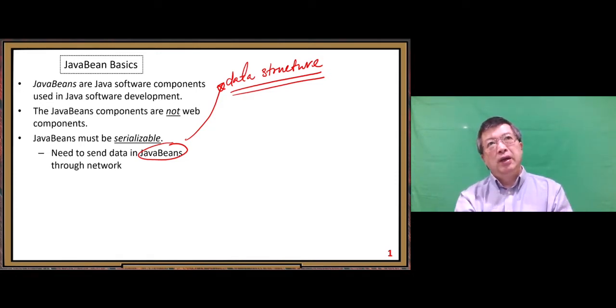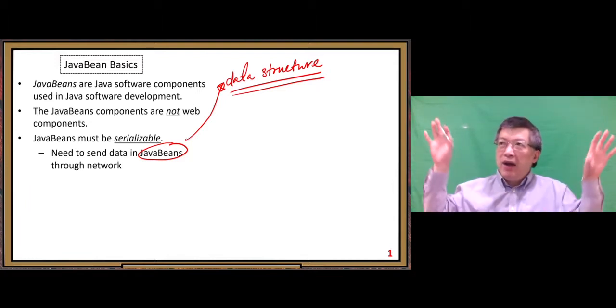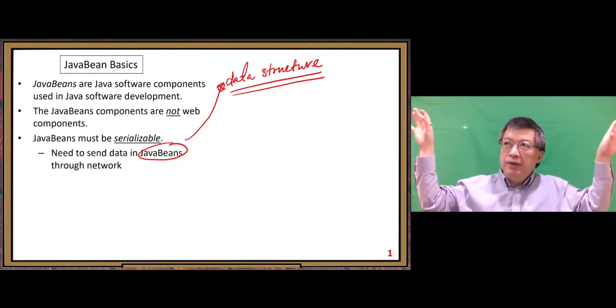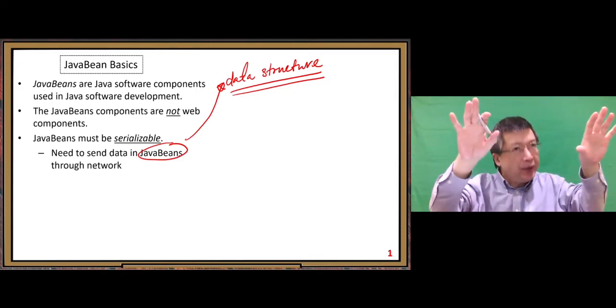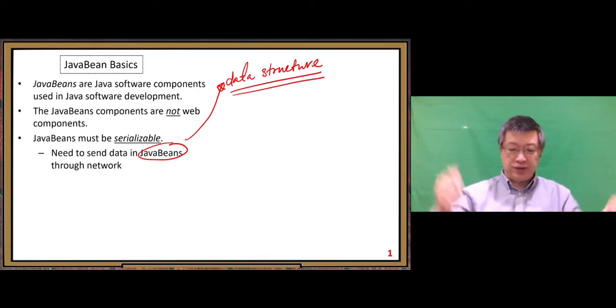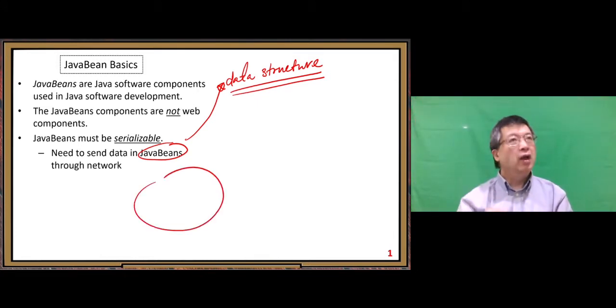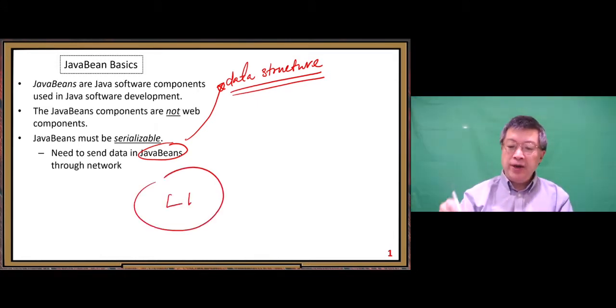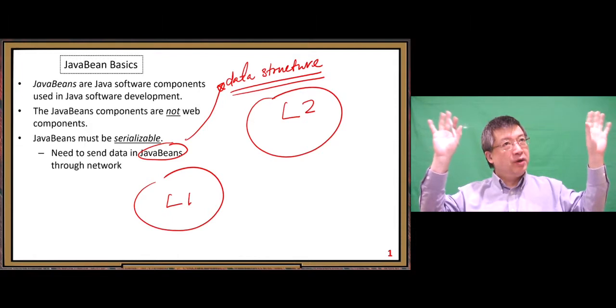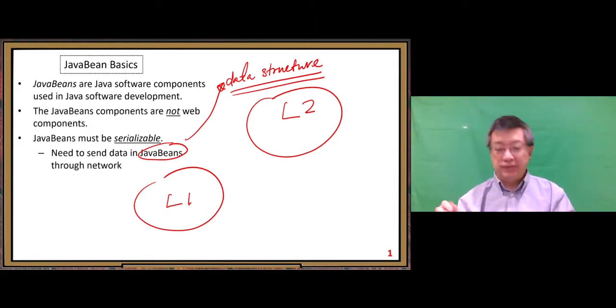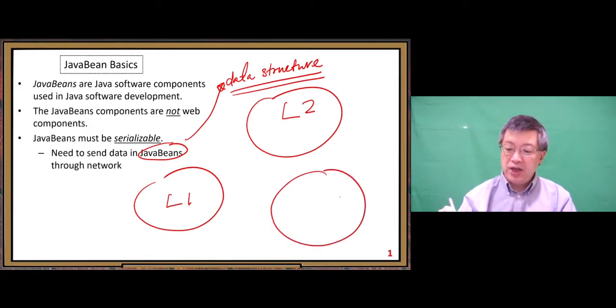Okay, so now consider the scenario. Our web application could be distributed in different locations. Location 1 here, location 2 there, geological locations, in the world, different locations.